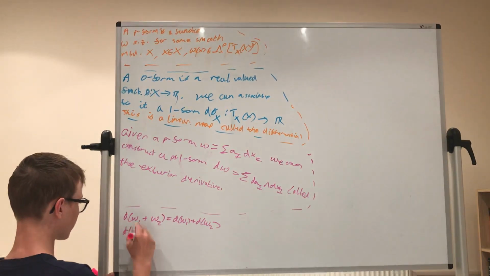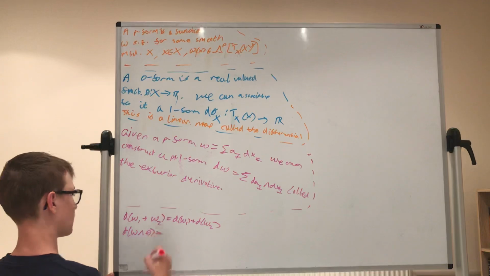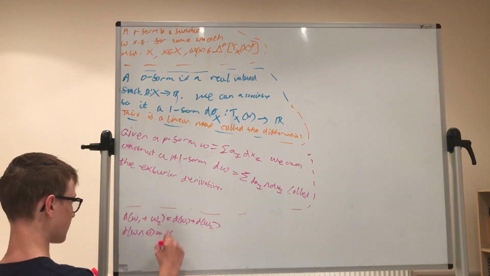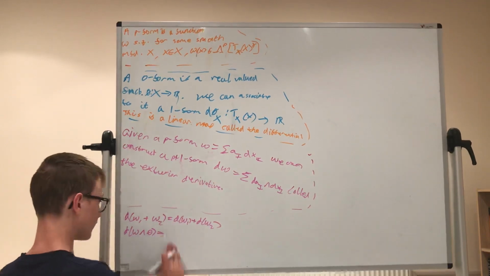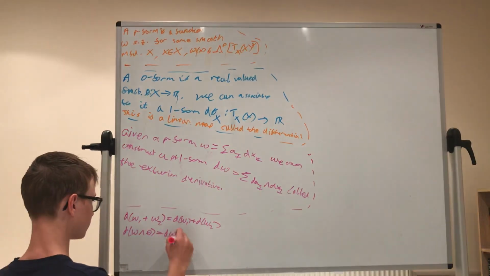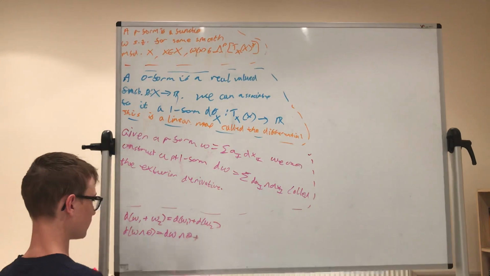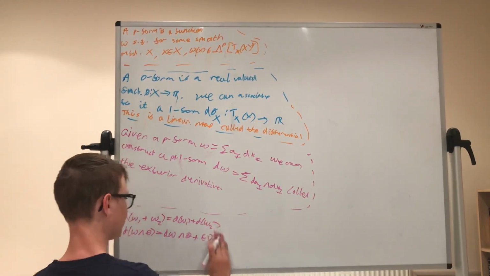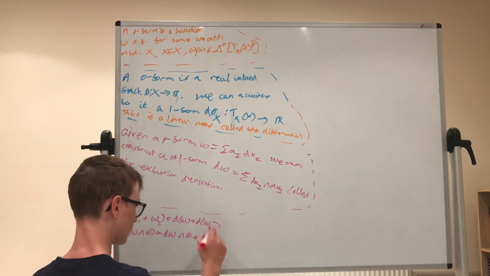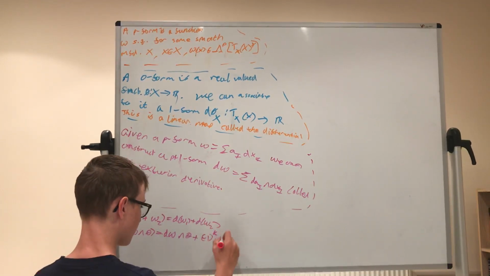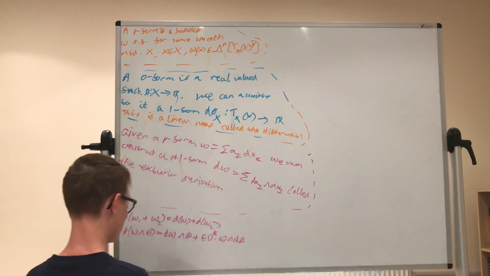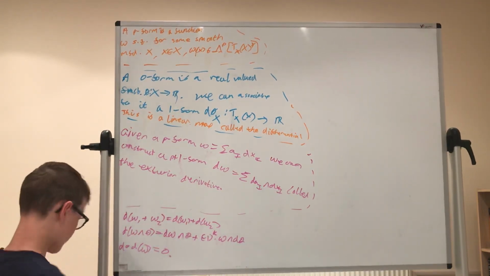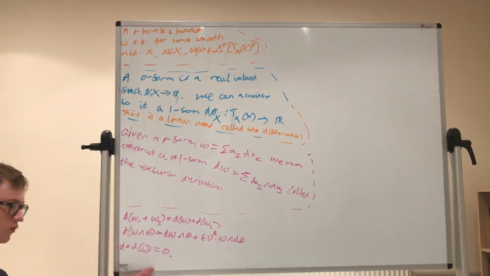It satisfies the following Leibniz rule, that d of omega wedge theta is equal to d omega wedge theta plus negative 1 to the k, where k is the degree because they're k forms, of course, omega wedge d theta. And d of d omega is equal to 0. So if you apply the differential twice, you get 0.